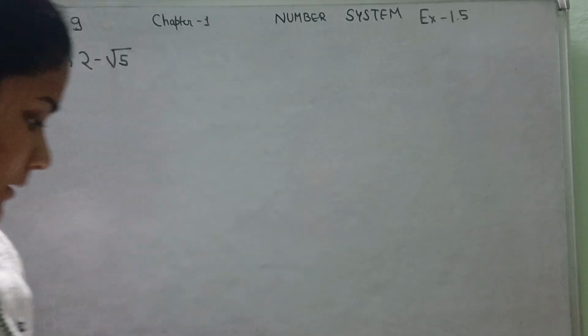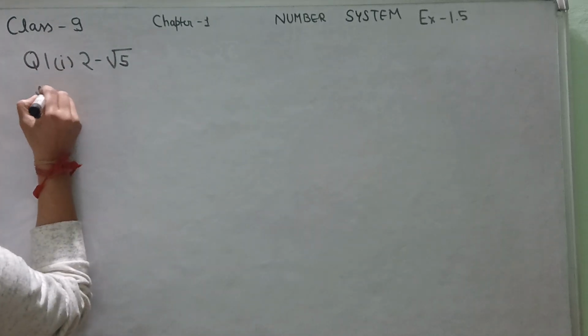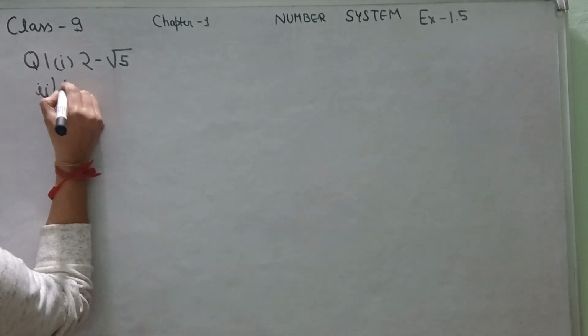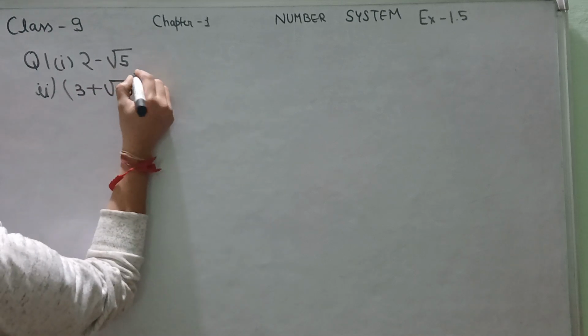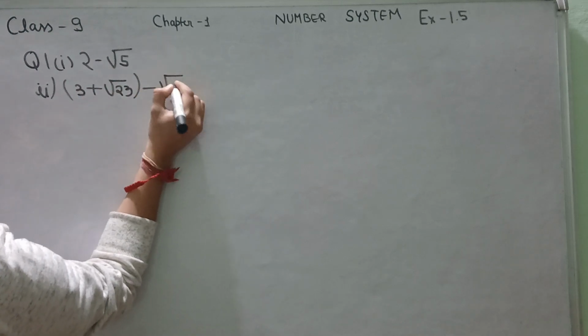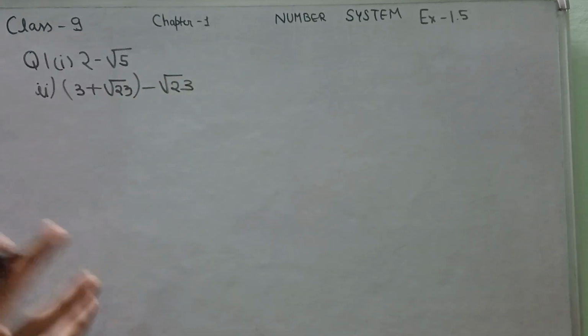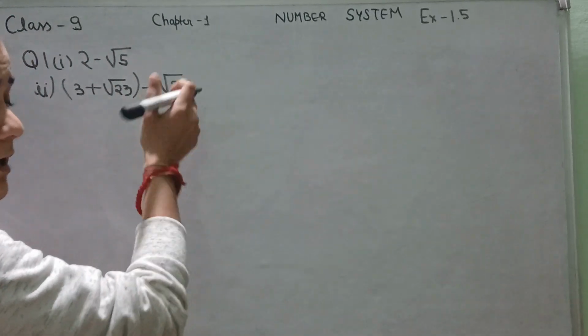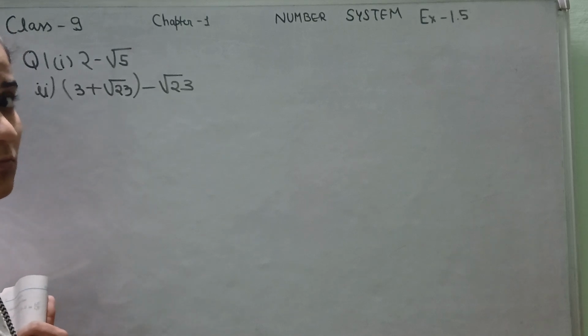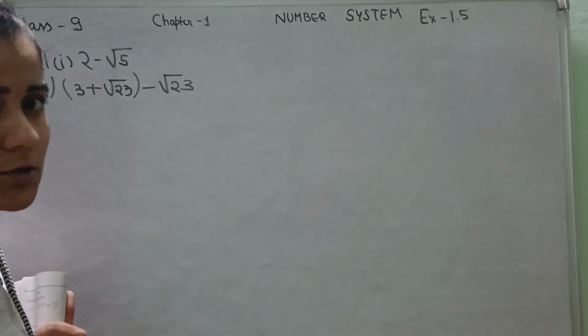Coming on to the second question. It is 3 plus root 23 minus root 23. So what do you think, guys? Is it rational or irrational? Root 23 is a prime number and it is under root, so it can be an irrational number.